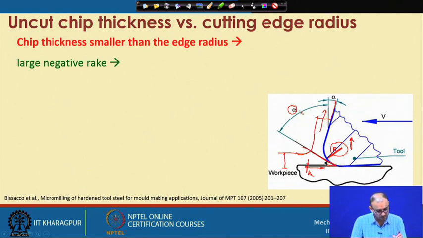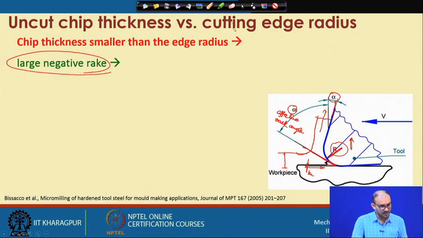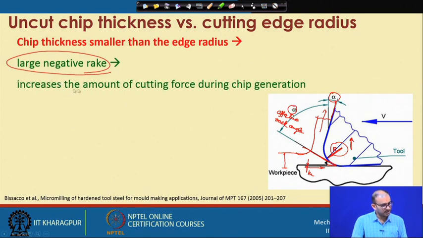So this is the effective rake angle, and this is the rake angle of the cutting tool. Now there is a large negative rake angle, that is what is here, and that increases the cutting forces during chip generation, because now your blunt tool is coming into action. Your cutting forces will be very large in this particular case, that we have seen also.